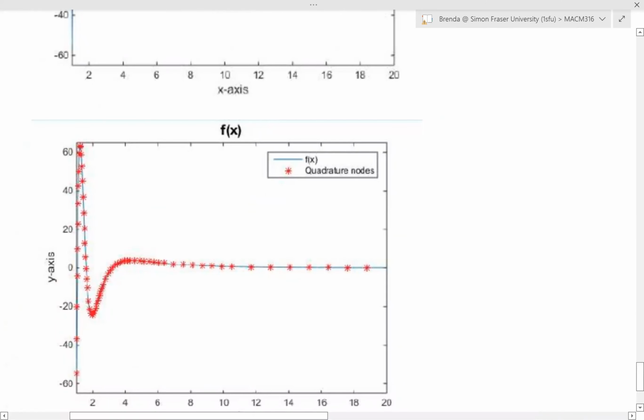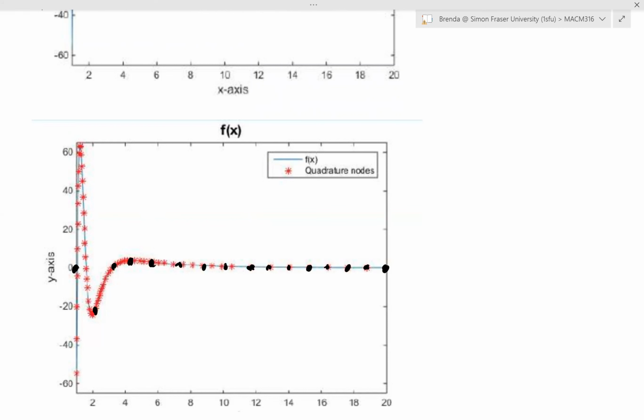You start with your first nodes. It's hard to see here, but you're basically going to be somewhere here, here, and here. Then if you're not below your tolerance, you place nodes here and here, and then maybe here, here, here, and here. And then again, you're going in half here, here, here, here, here, here.